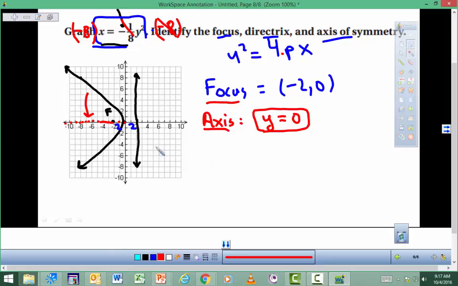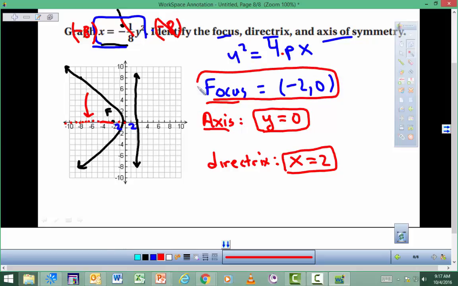And where's the directrix? The directrix is going to be x equal to 2. So there you have it. We found all three: the axis, the focus, and the directrix.